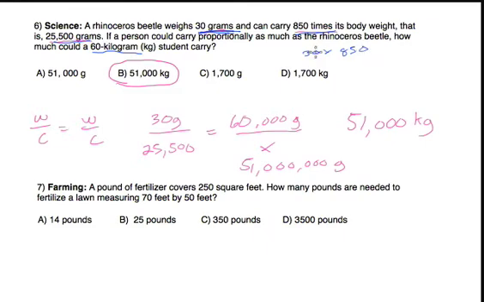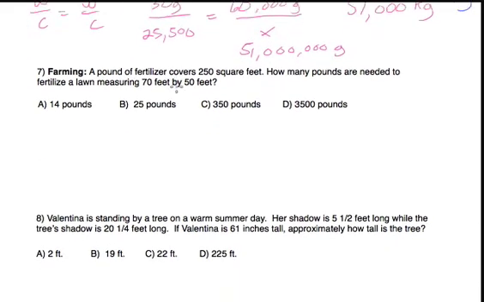It's 850 times its weight. That's 30 grams times 850 tells you how much the beetle can carry, in this case, in grams. So if the human weighs 60 kilograms, we know if it's proportional, then the human can carry the same 850 times, which gets you 51,000 kilograms, which was another probably easier way of getting the same answer.